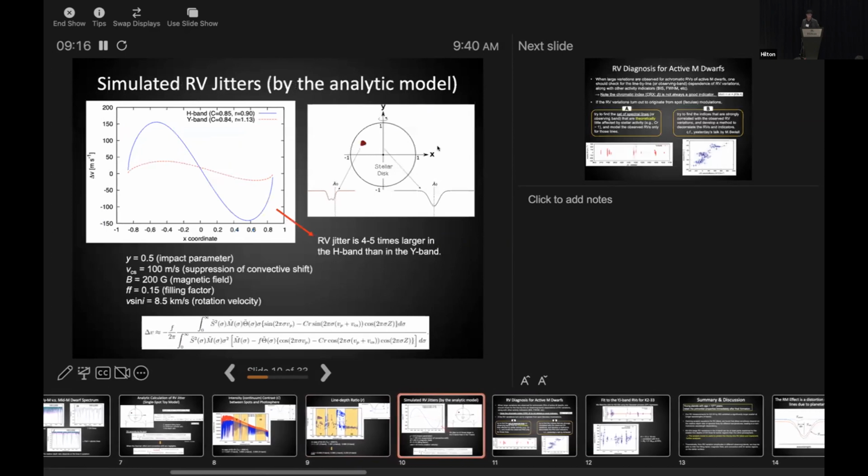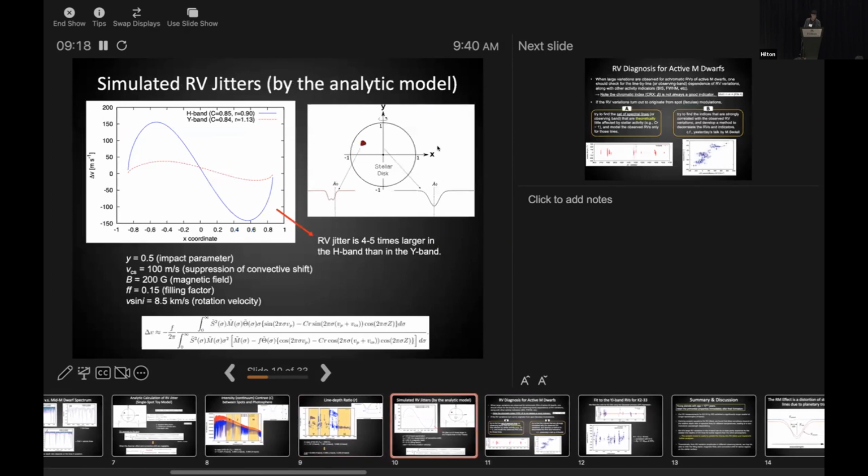So given these numbers, we can actually plot the alpha jitter for the case of K233. Here I show the alpha jitter as a function of the position of the spot on the stellar disk. The X coordinate in this figure is defined as on the right panel.